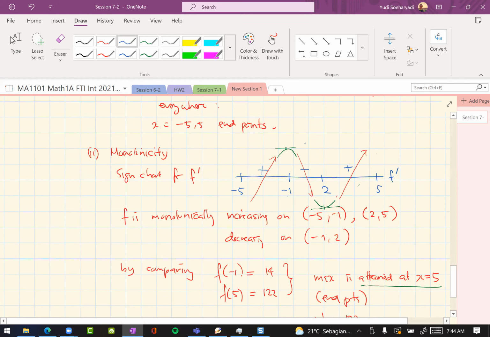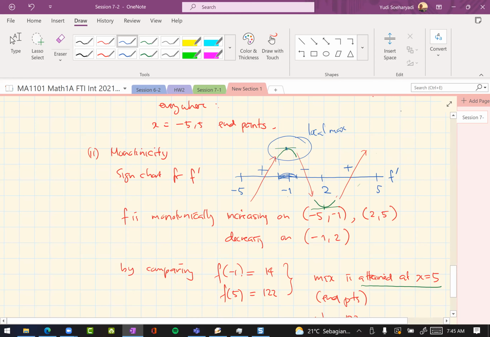Okay, so what is local max? Local max is the highest in this area. There is some interval around that point, around -1, so that at that point it is the max. So you don't have to compare with other critical points.